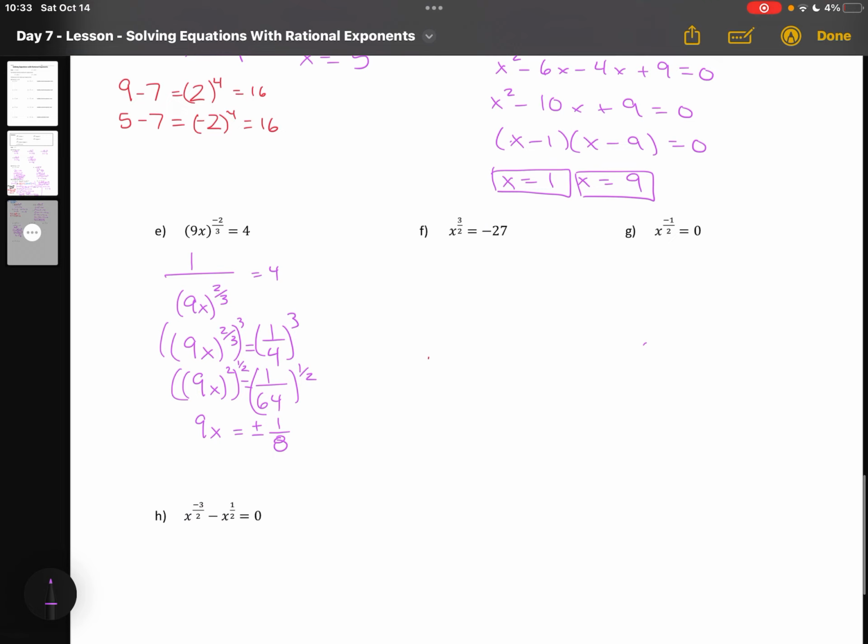That comes from taking the even root. Then I'm going to divide both sides by 9. So I get x equals 1 over 72, or x equals minus 1 over 72.